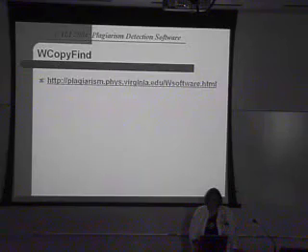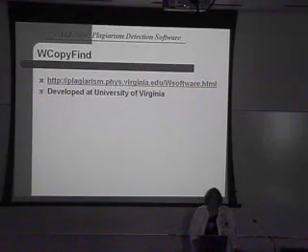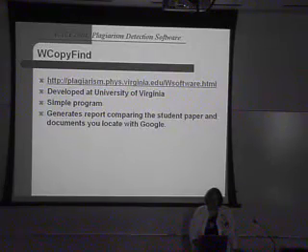Another product I looked at is CopyFind, WCopyFind. It's based out of the University of Virginia and gets a lot of good reports. It's a very simple program, but it's not searching for you. It recommends that you search in Google and come up with suspected documents, and then it runs a report that compares those documents.